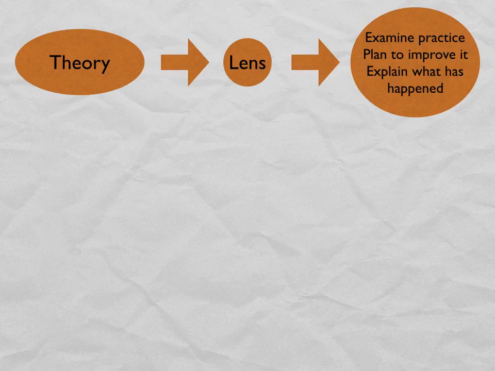It helps us examine our practice. It helps us, good theory this is, plan to improve it. Oh, I've learned something new, right, I'll try something different. And it helps us explain what's just happened and why. So you can use theory as a way of looking at practice, to examine it, plan to improve it, and explain what's just happened. Quite often, that's the only journey that people take in education.